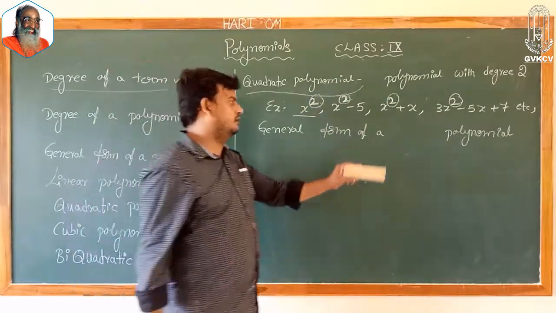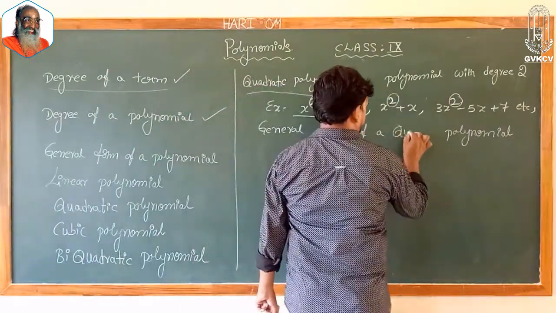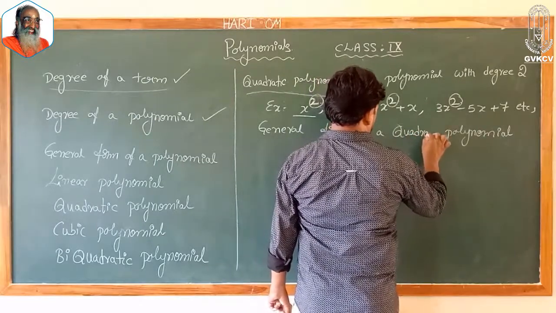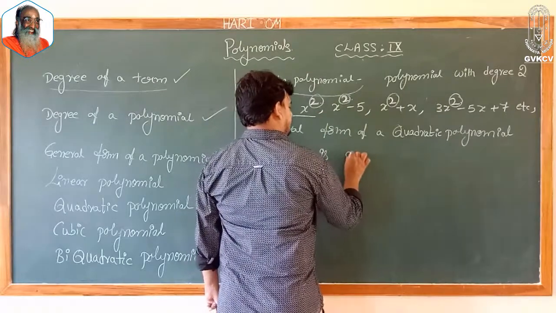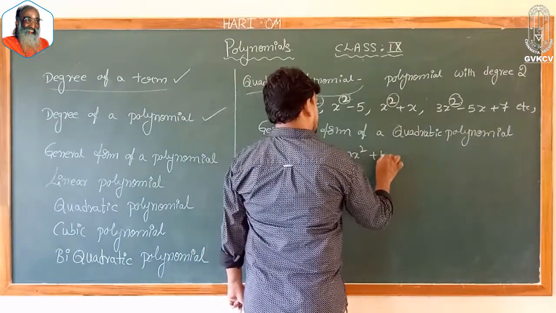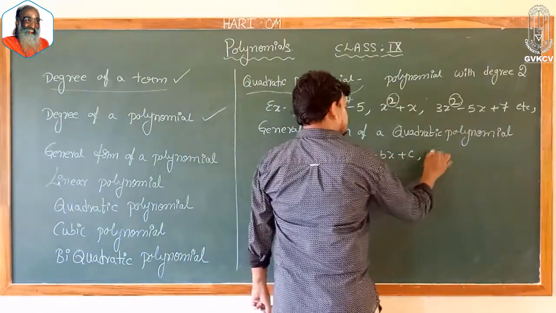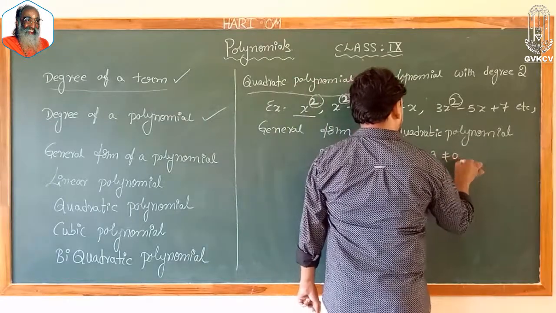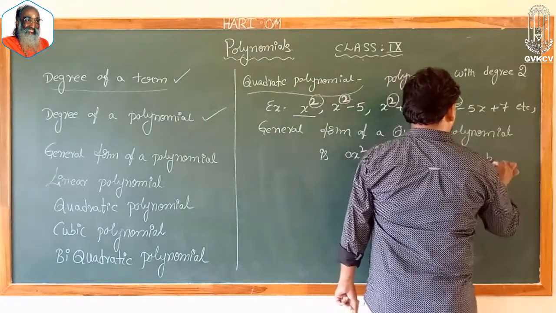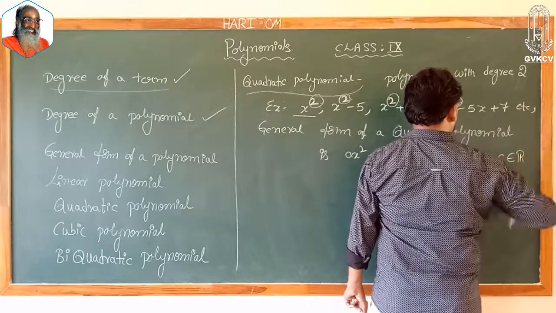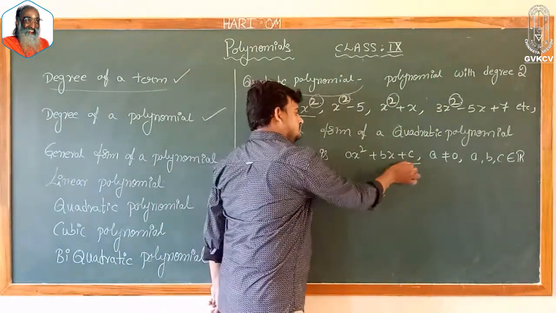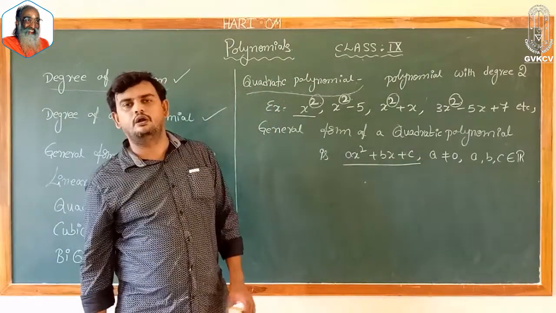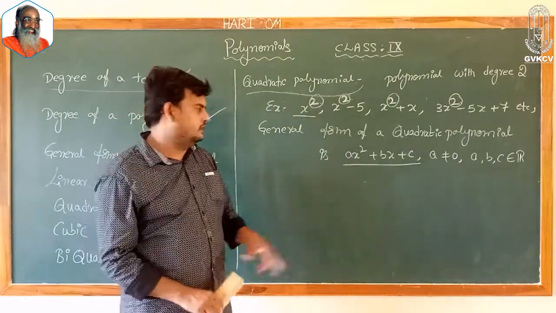Now the general form of a quadratic polynomial is ax square plus bx plus c, where a is not equal to 0, and a, b, c are real numbers. So this is the general form of a quadratic polynomial.